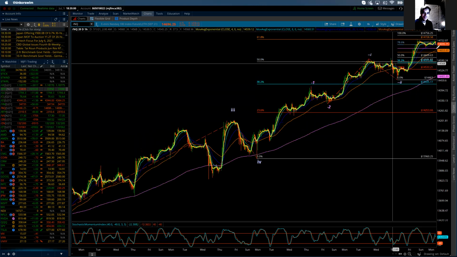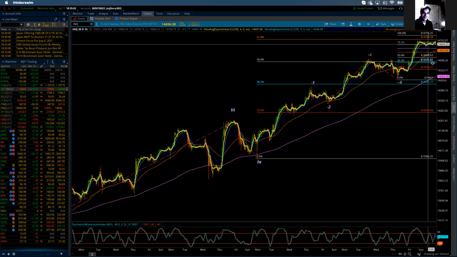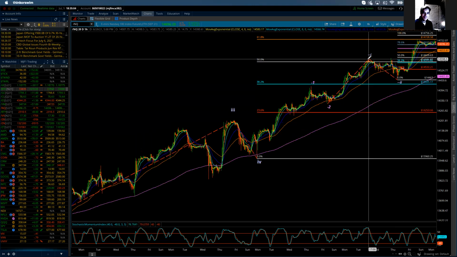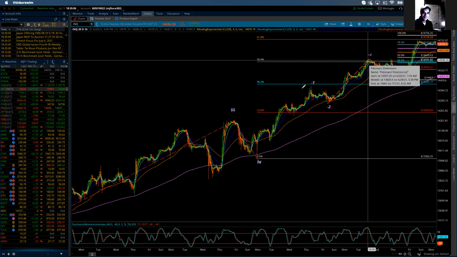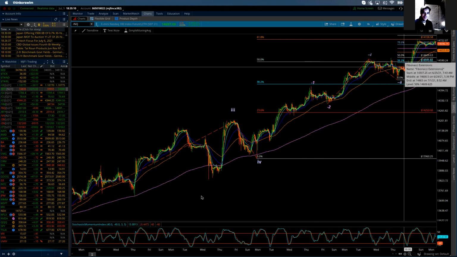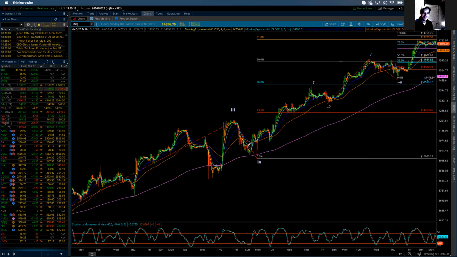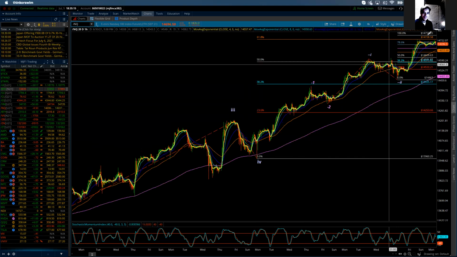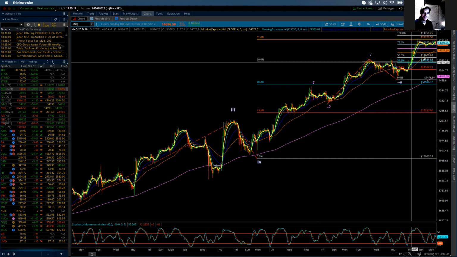And if they start to break down through all these levels, and if they break below where wave 1 is, and then again where the other wave 1 is, then this is complete. I'll figure it out, but this would be complete. And then we have to be concerned that the whole wave 5 is done. But I do not expect that.